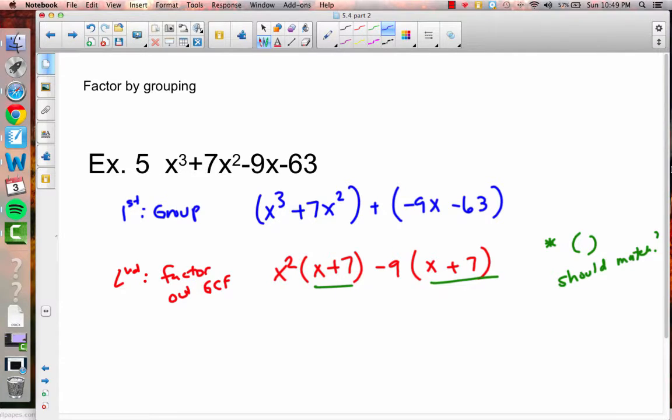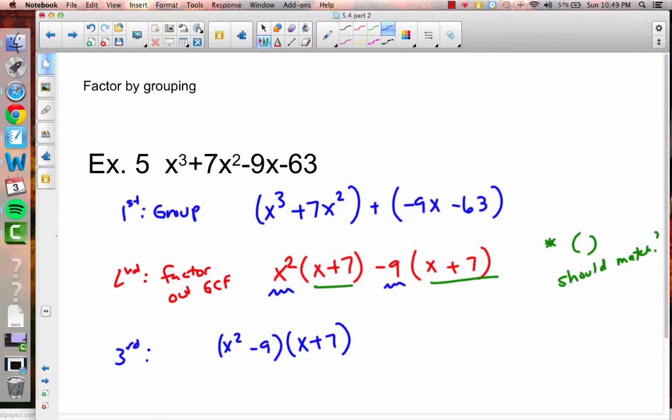So now we're going into our third step, which is to rewrite it as two sets of factored items. I'm going to use the outside ones, my x squared and my minus 9, and write that in a parenthesis, and then the x plus 7s that match, I'm going to write in one set of parentheses.